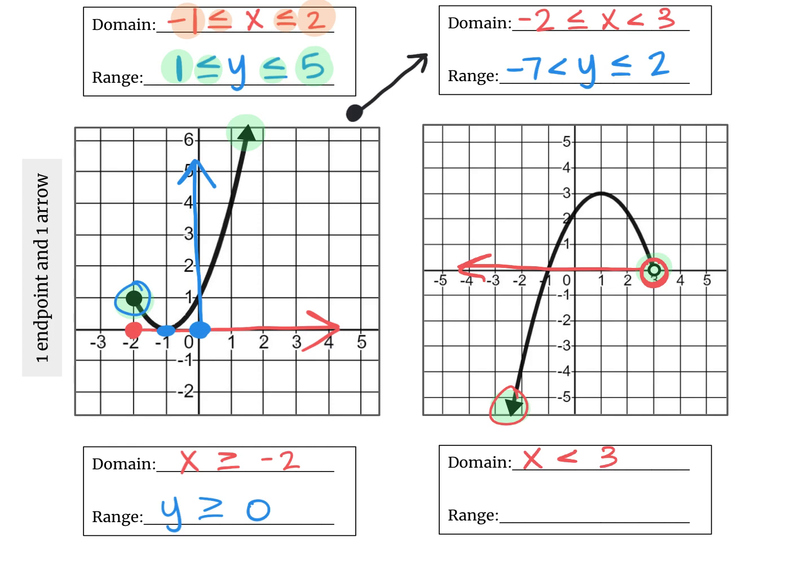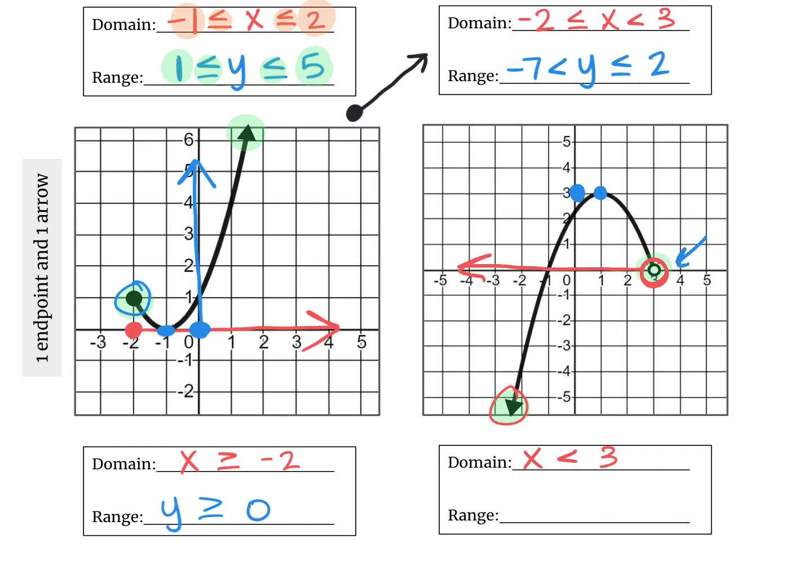All right, the last thing we're going to do here, you have to look at your range. So again, we can't look at our endpoint because there are all the y values above where this endpoint is. So we need to look at the vertex. My vertex is right here, and the y value at that point is 3. So that's where we're going to start.